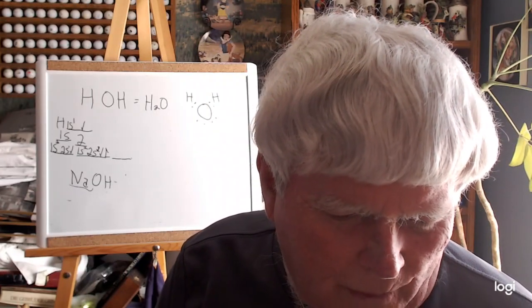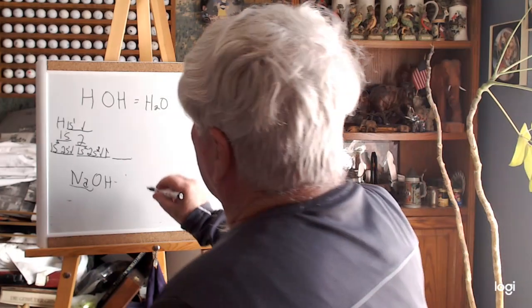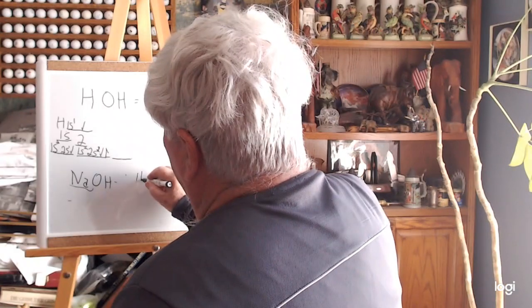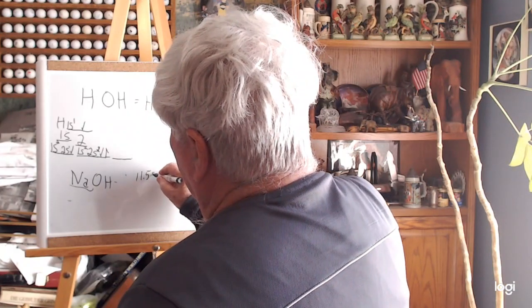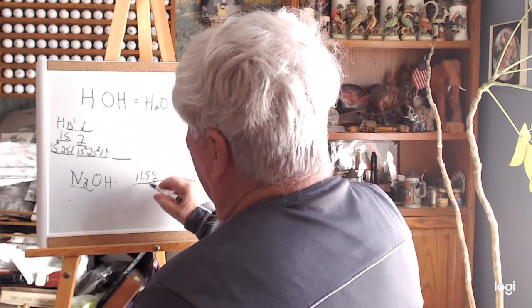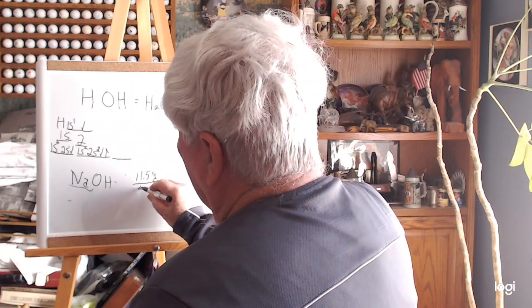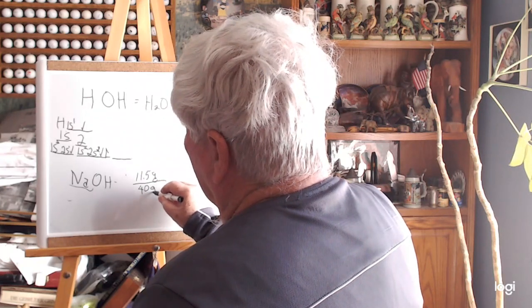So you got sodium hydroxide, and it's given in the problem that you have 11.5 grams. So the first thing you want to do is figure out how many moles that is. Well, sodium hydroxide, 11.5 grams, you'd have to divide it by the grams per mole. If you add this up, it comes out to be 40 grams per mole.